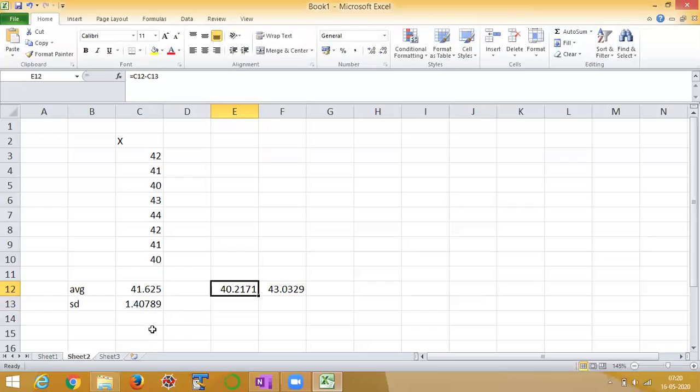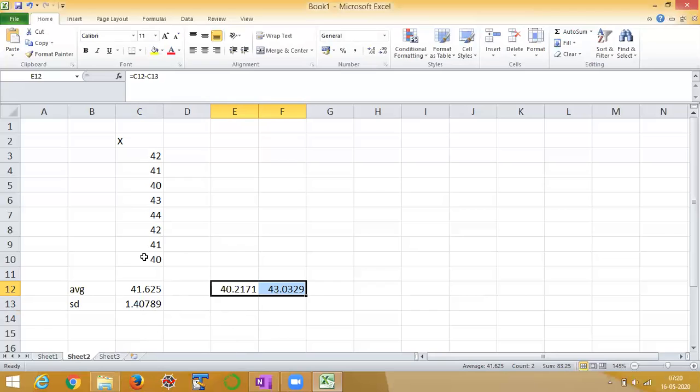What does it mean? In most of the scenarios, I am getting the mileage in between these two values. If you cross check it, most of the values will be between 40 to 43 only.